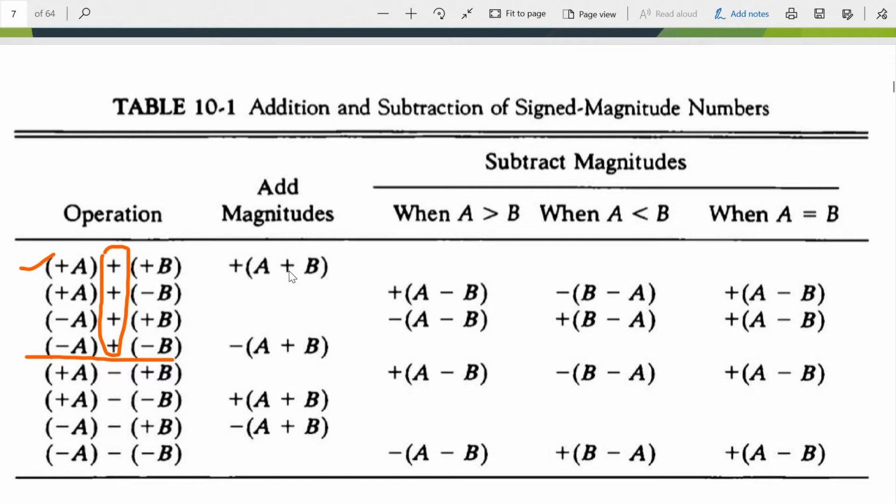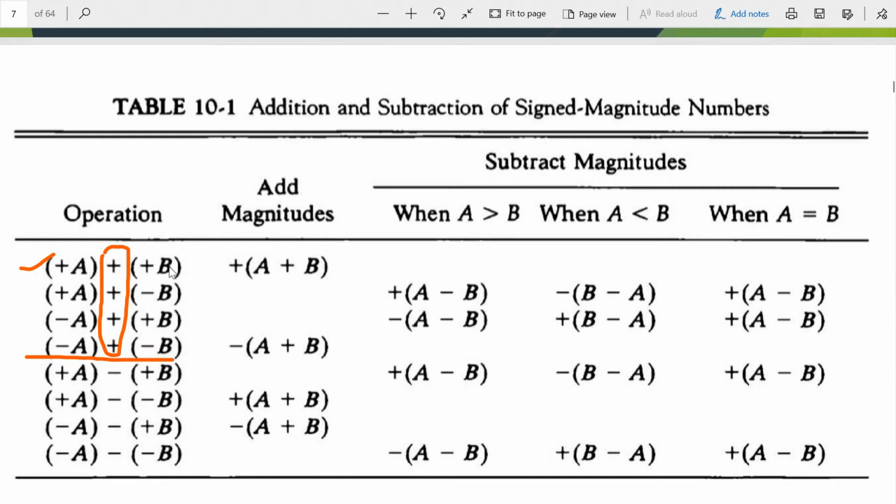If it is a positive number, the operation is also addition. So there is no possibility for subtraction because there is no negative number here; this is a positive A and this is a positive B. The complete magnitude operation is also positive.